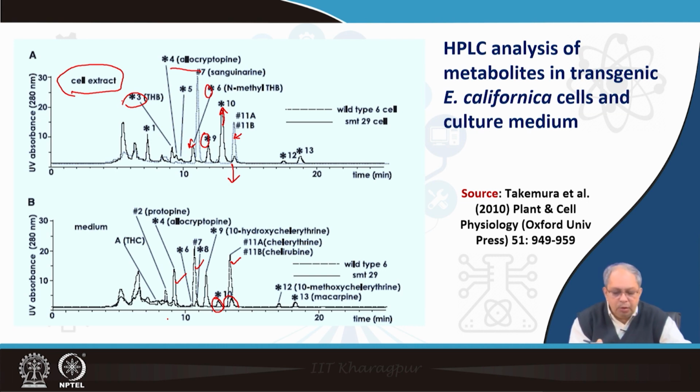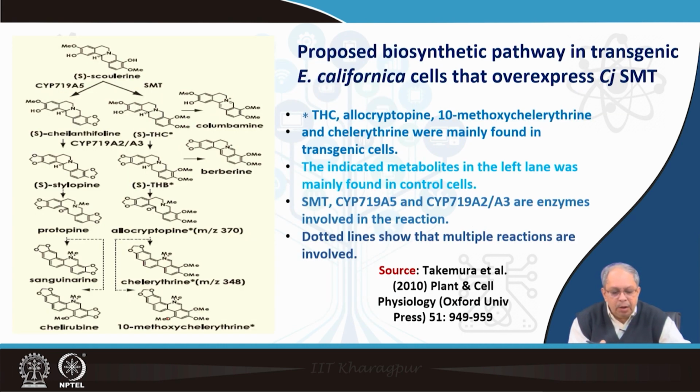Now, based on this, what has been found is that in the transgenic there are compounds like THC, allocryptopine, then 10-hydroxychelidonine, and all these compounds are detected in the transgenic cells.